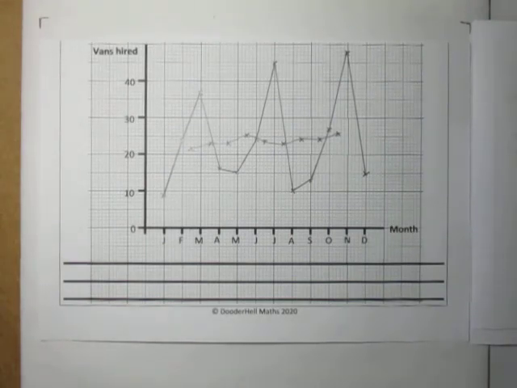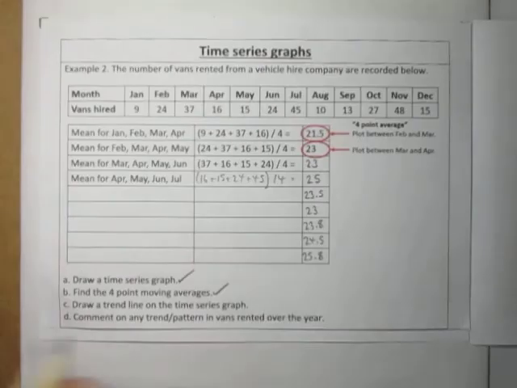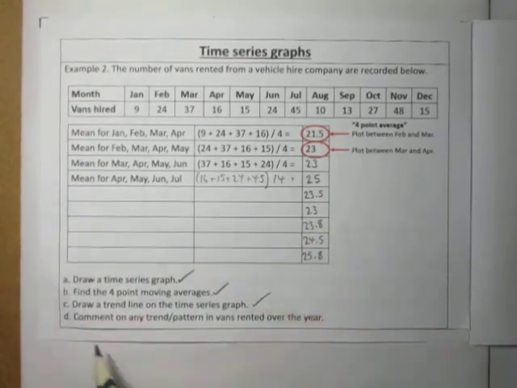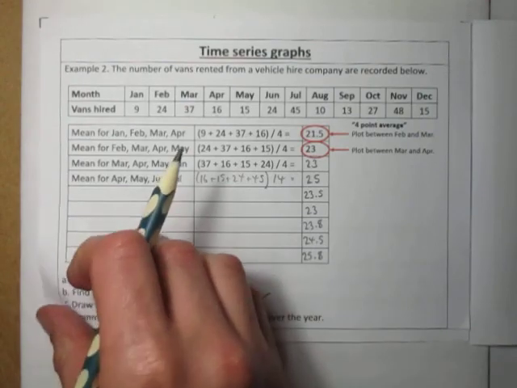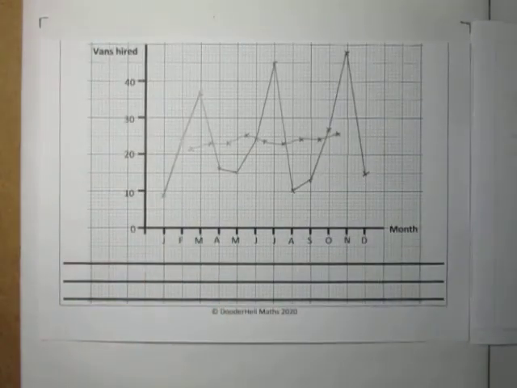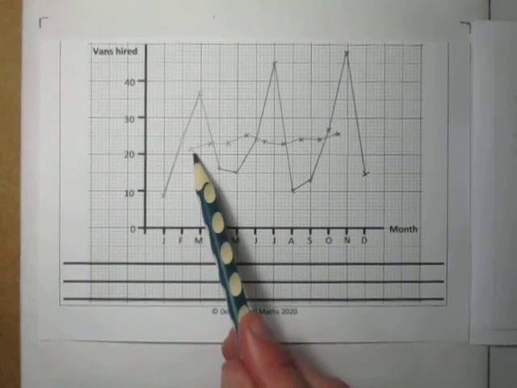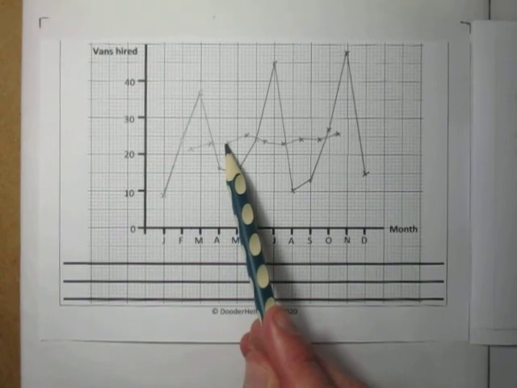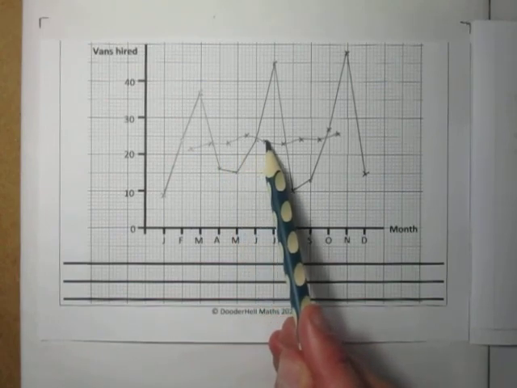It tells me a little bit about how business is going for this van hire company. So what do I think then? If I was to comment on any trend or pattern in the vans rented over the year, well, I can see that business is very steadily improving over the course of the year.